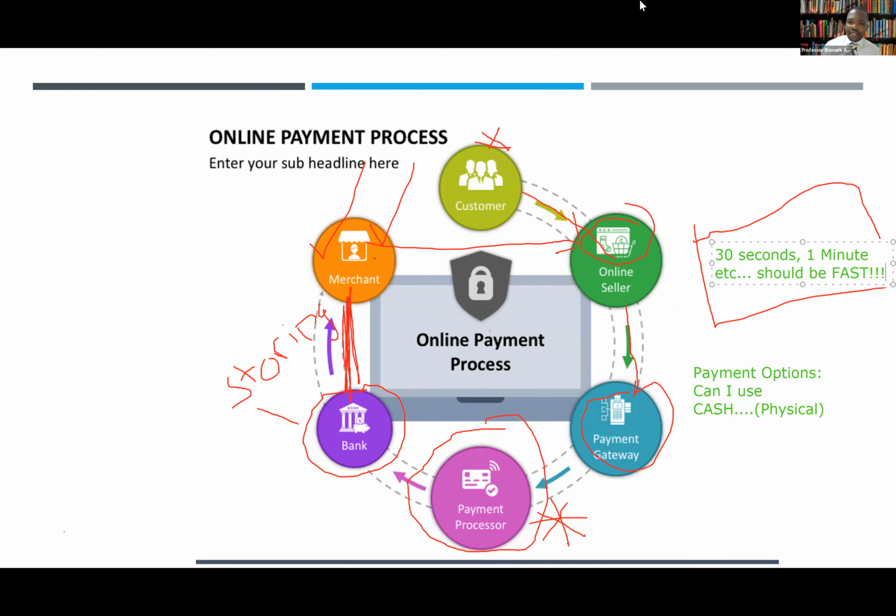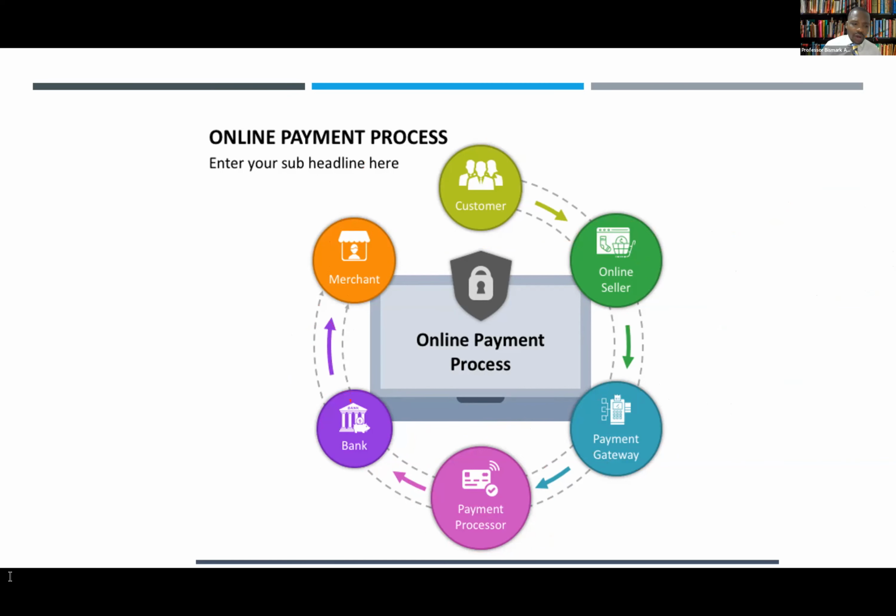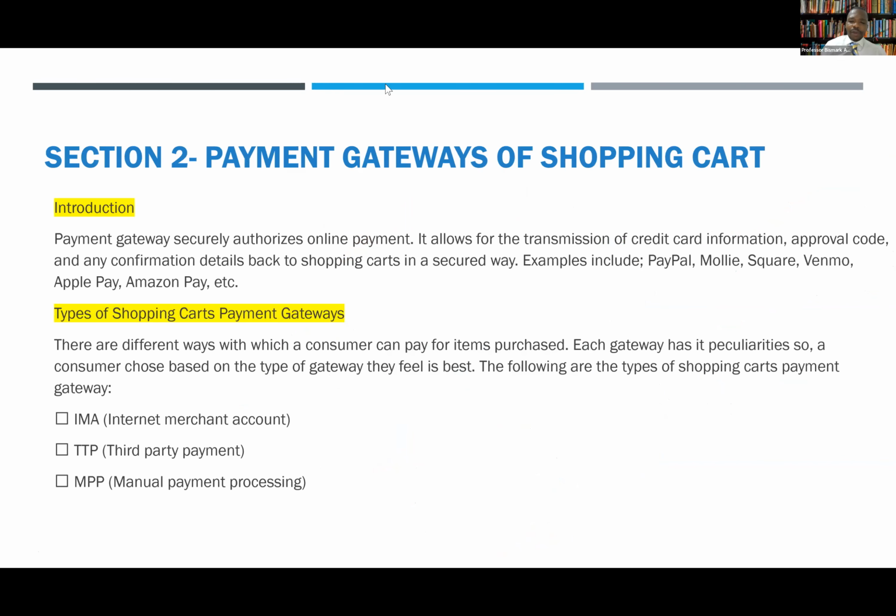That's the process for online payment gateway. So now let's get into a little bit more detail. For payment gateway, we see it as payment gateway securely authorized online payment.